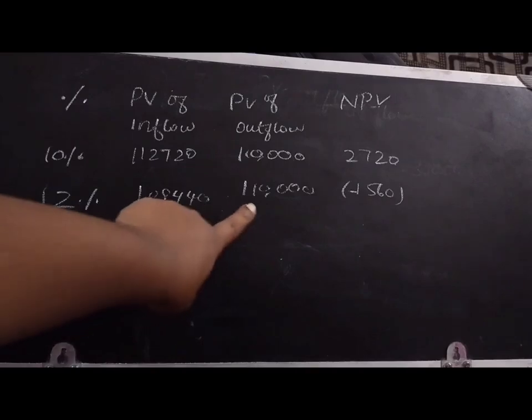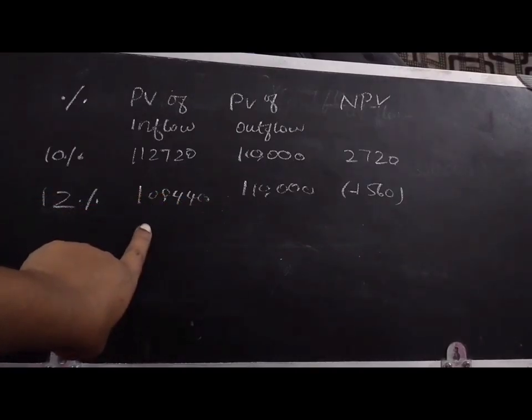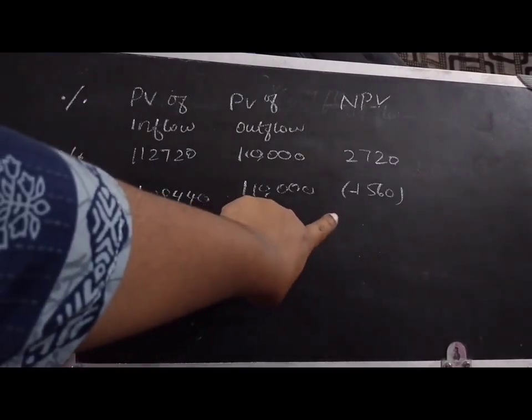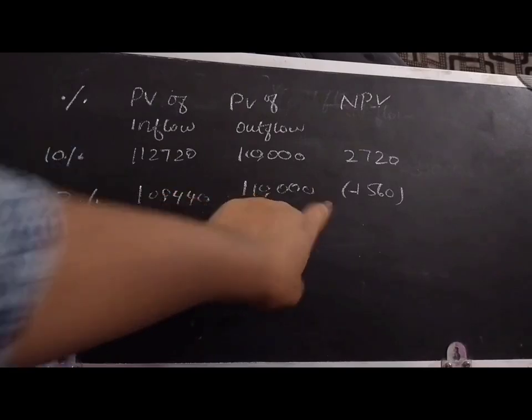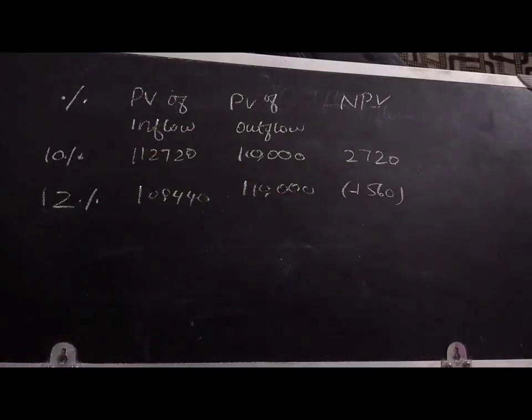If we subtract the present value of outflow from the present value of inflow, we get 1,560 negative. So NPV 0 lies between 10 and 12%. So we have to find that exact percentage for NPV 0 using the interpolation method.